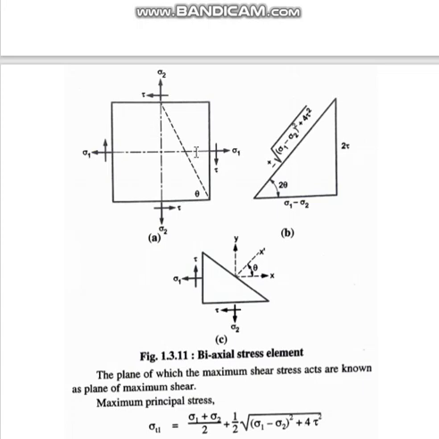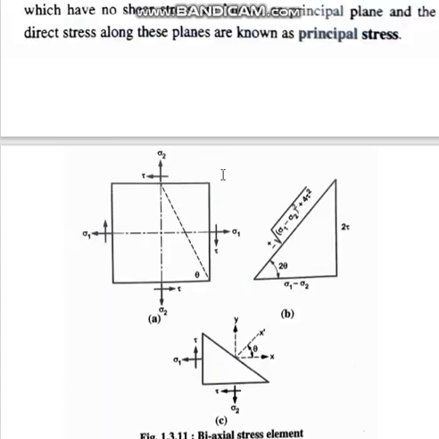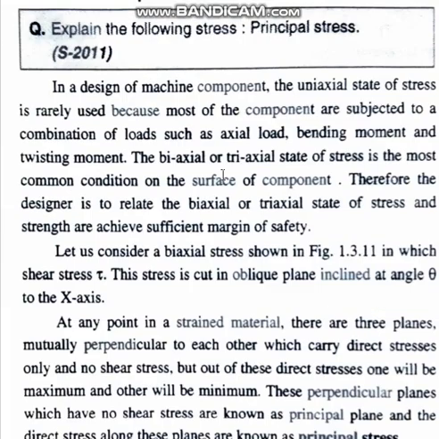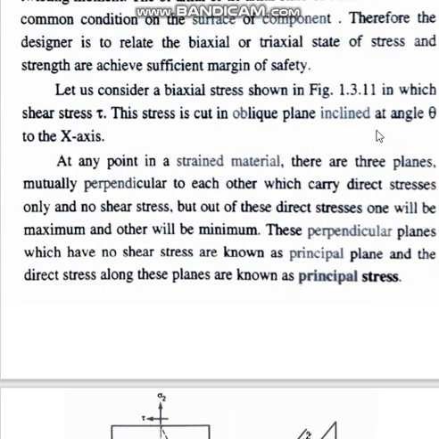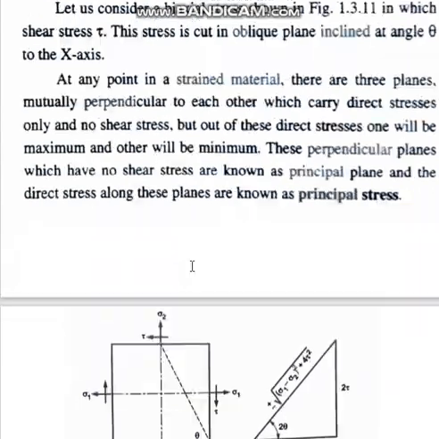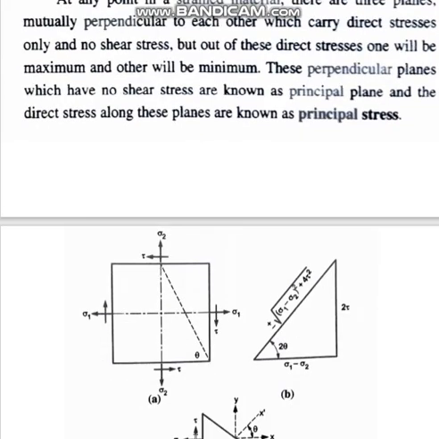Now consider the stress cut on an oblique plane, inclined at theta degrees to the x-axis. There is an oblique plane, this is the x-axis, and this is theta degrees making with the x-axis.